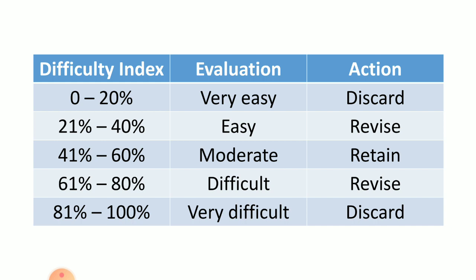Then, revise the item. If it is 41% to 60%, that is moderate, then retain the item. If it is 61% to 80%, that is difficult, then revise the item. If it is 81% to 100%, that is very difficult, then discard the item.